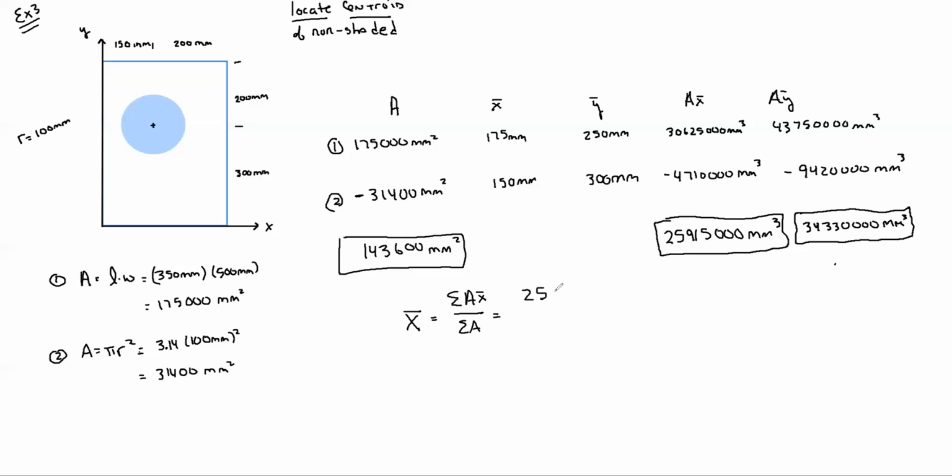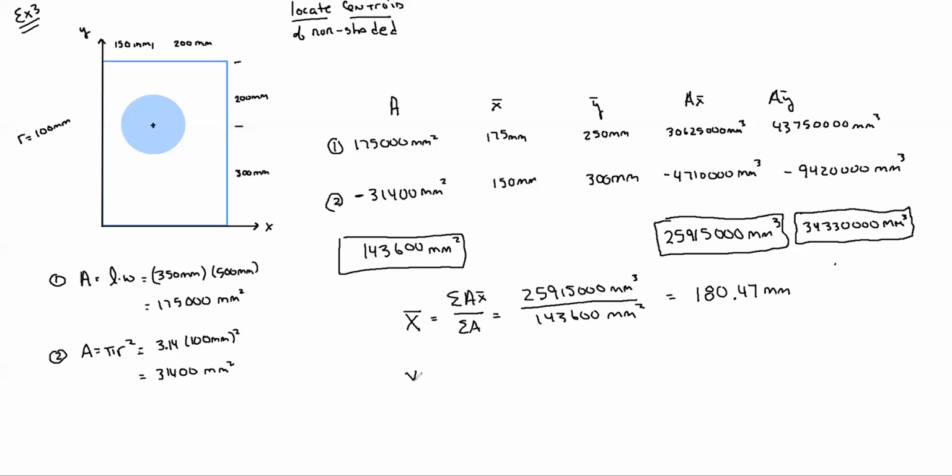So 25,915,000 cubic millimeters divided by the summation area, 143,600 square millimeters, gives 180.47 millimeters.